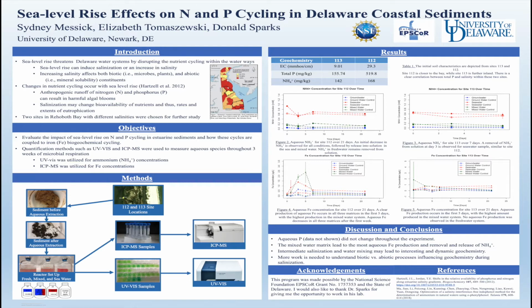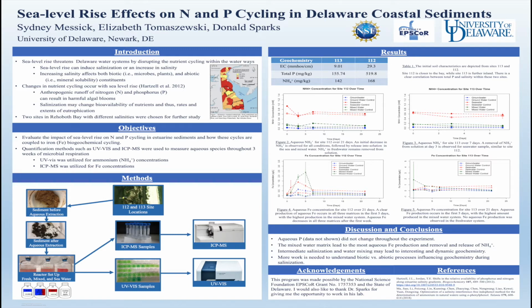Going into the results, in the initial characterization of the sites, you can see that 112, the site closer to the bay, had a lot more phosphorus and a lot more ammonium within the sediment initially than the 113 sediments, and thus showed more salinity, which you would expect considering it's closer to the bay.